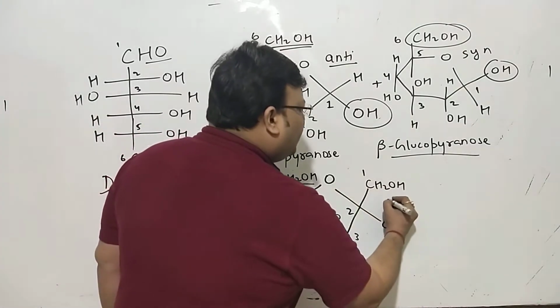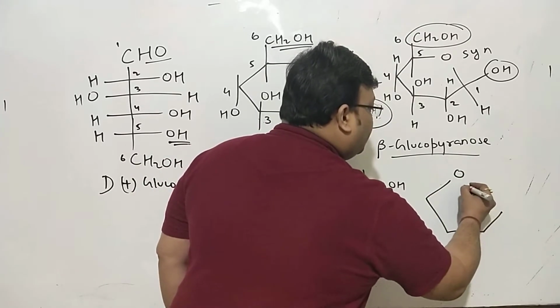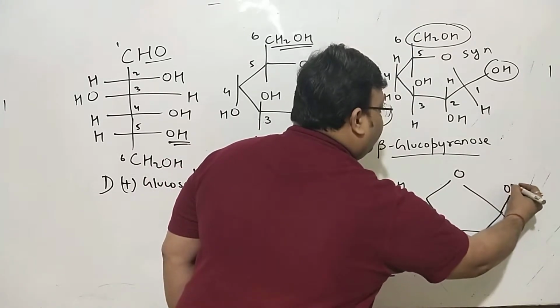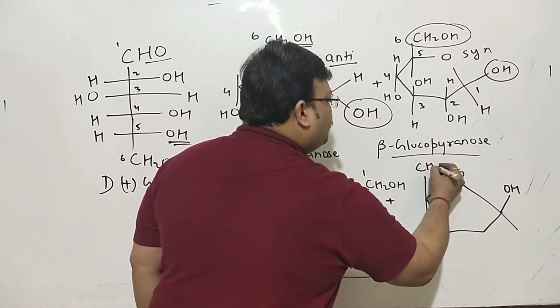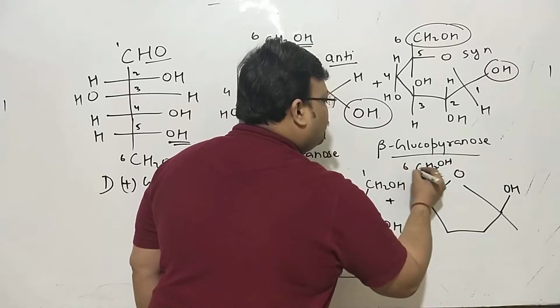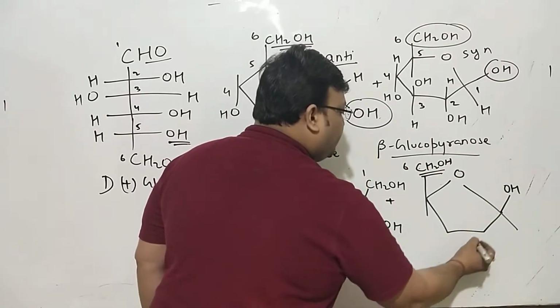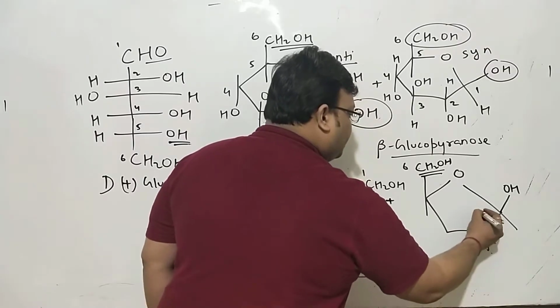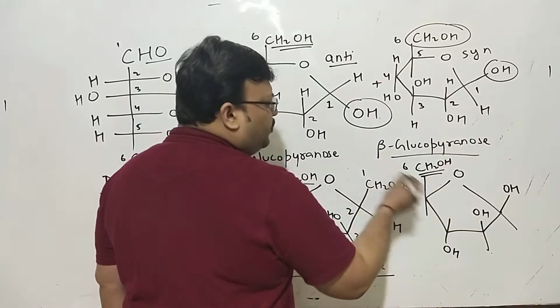And naturally, its epimer would be the one where this OH is above, and syn to the CH2OH. This is again the benchmark when these two are syn. Carbon 3 OH above, carbon 4 OH below, like you do for carbon 3 and carbon 4 in glucose.